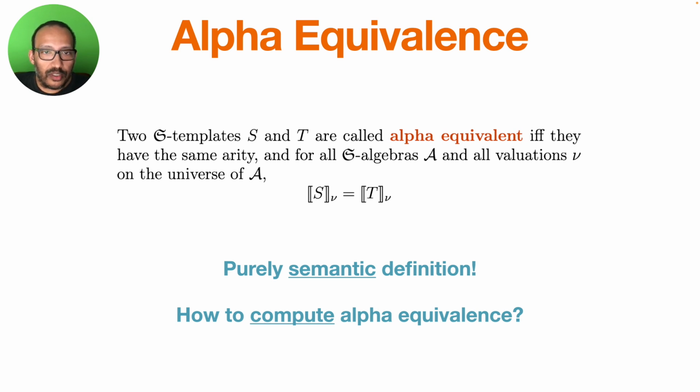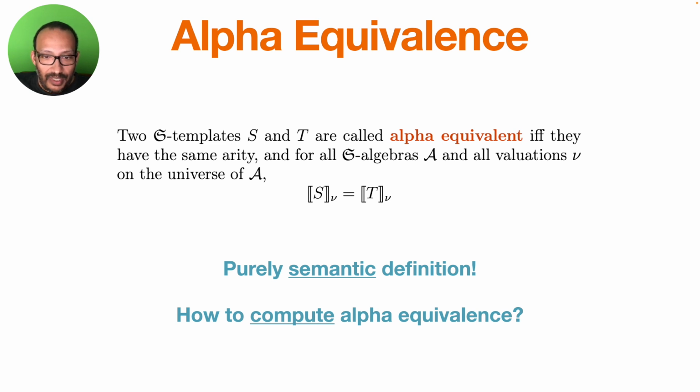We say that two templates of the same signature are called alpha equivalent if they have the same arity, and if for all algebras A and all valuations on the universe of these algebras, the two templates evaluate to the same operation. So that's a really nice and short definition of alpha equivalence.